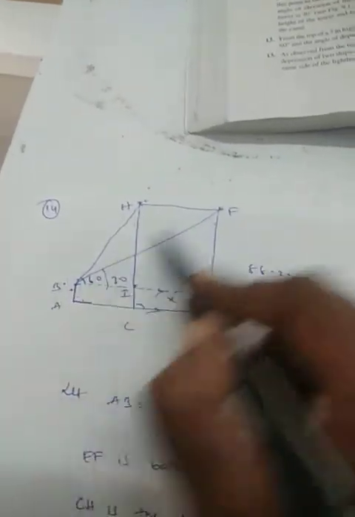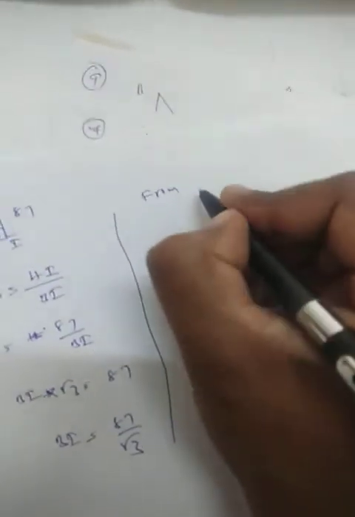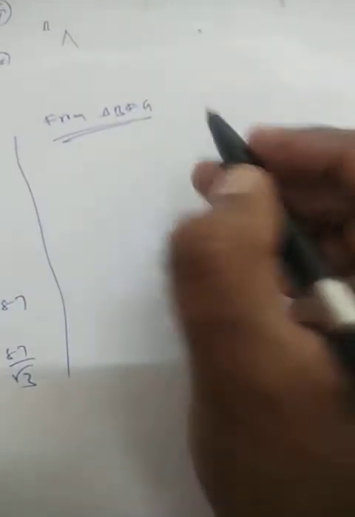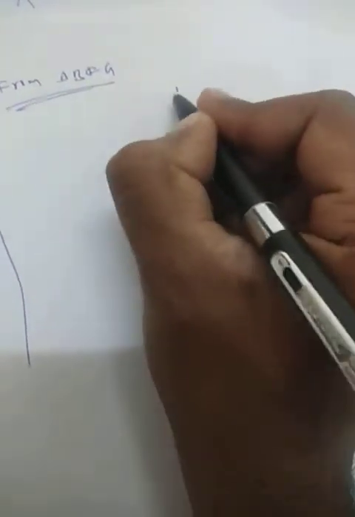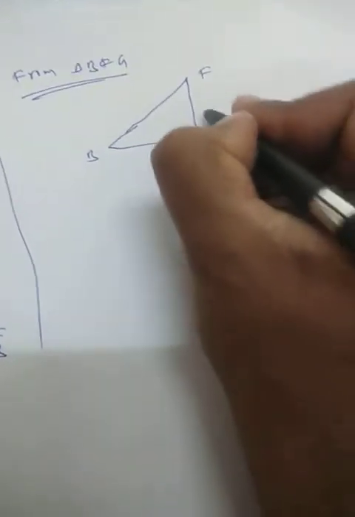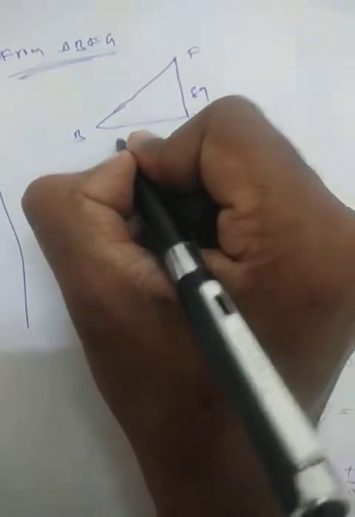Next, take the triangle BFG. This height will be 87, which we already got, and this value will be BI plus X. Tan 30 degrees.